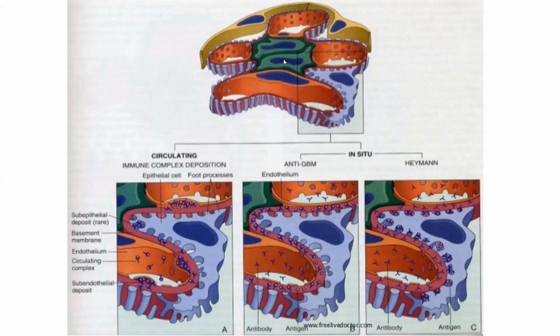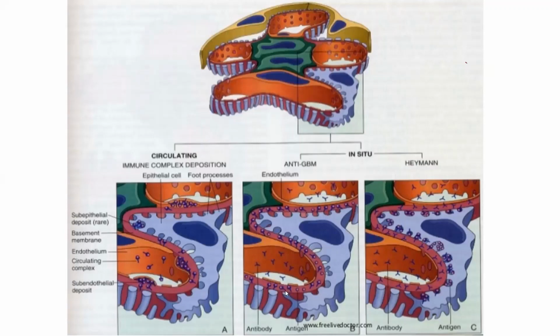So here you can see these are your immune complexes. So you have an antibody and an antigen that has gotten formed, and you can see that it's depositing in the subendothelial space. Subendothelial space means this is the endothelium, and you have the glomerular basement membrane. It's depositing between those. Those are called subendothelial immune deposits.